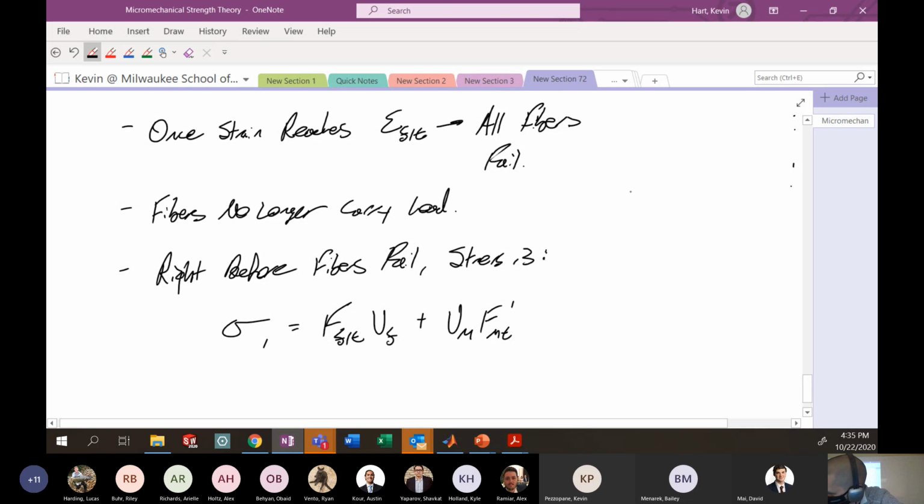All right, so let's actually look at what this value is, and let's look graphically at what's going on here. What we're going to graph on this sort of pseudo axis is the strain versus the stress, so your stress-strain diagram. In the situation where the fibers are going to fail first, typically the fibers are stiffer.